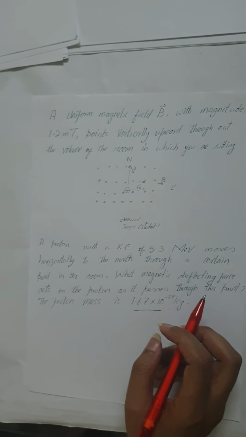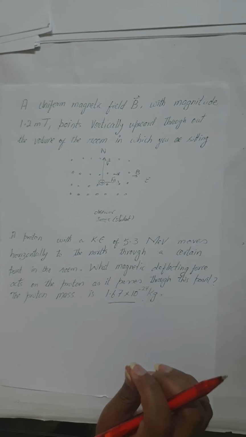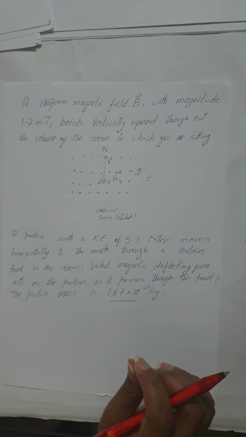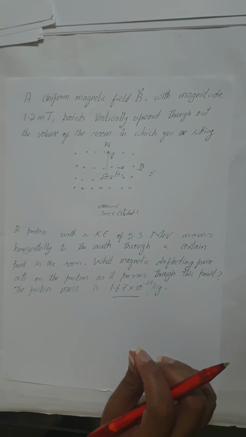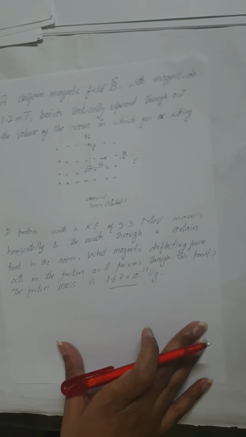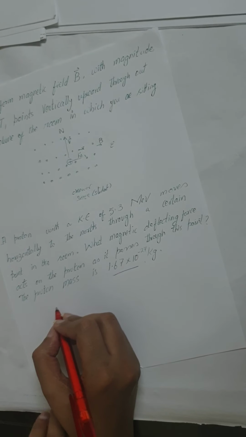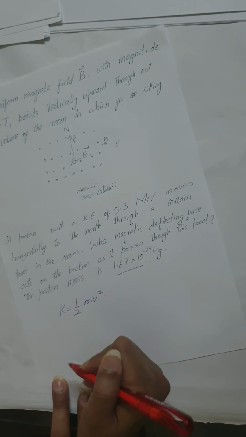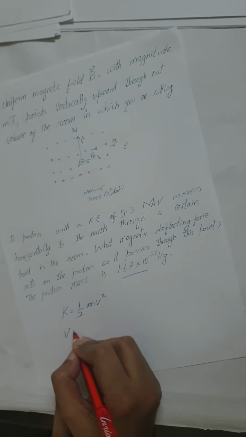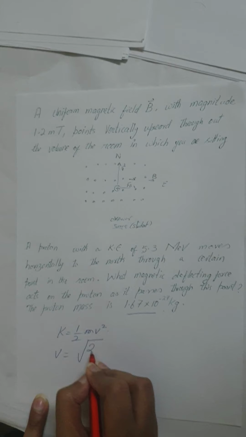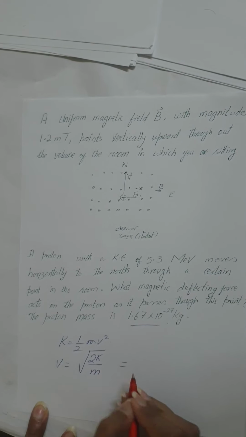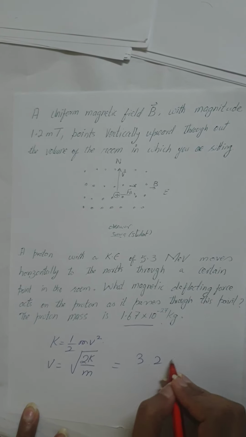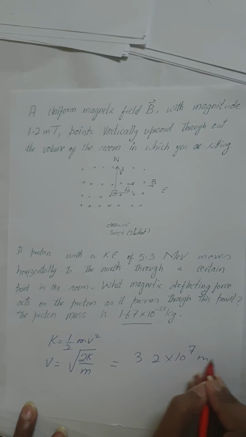We know the magnetic deflecting force depends on the speed of the particle, v, so let's use this formula, K = 1/2 mv squared, since we are interested in speed. After solving, the value you will get is around this.